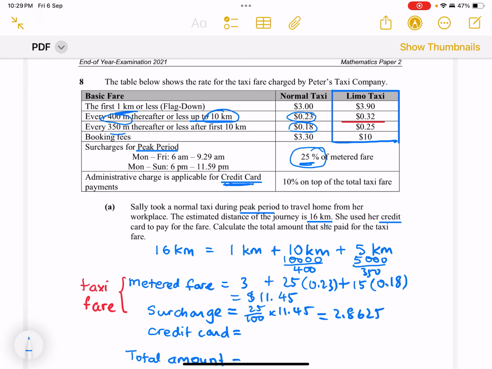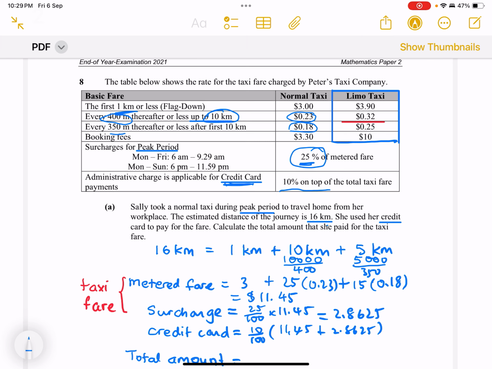And the credit card. The credit card is 10% on the taxi fare. So the meter fare plus the surcharge gives us the taxi fare. And this is 10% of the metered fare plus 2.8625.